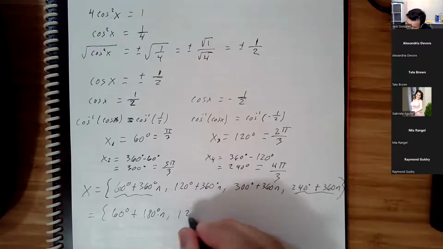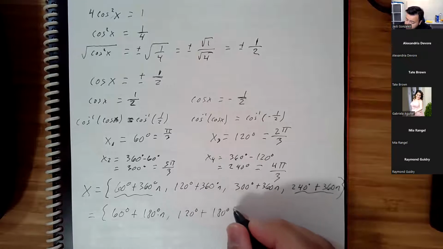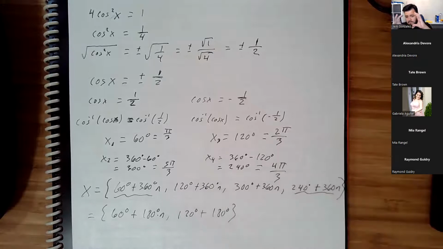So I could just say 120 plus 180 degrees. So I can merge 2 sets together. Since I'm hitting those 4 corners, instead of representing each one separately, I can represent 2 of them at a time. Does that idea make sense?